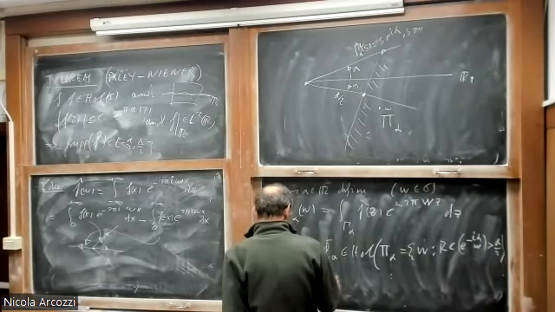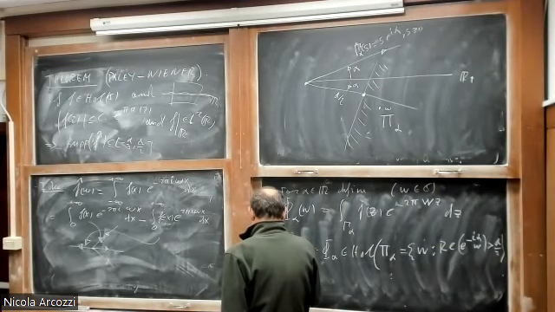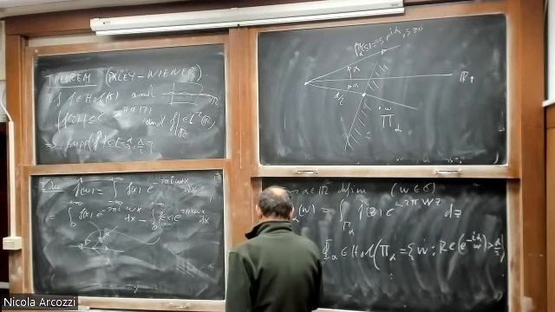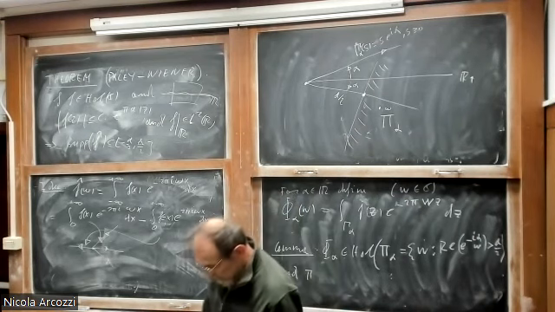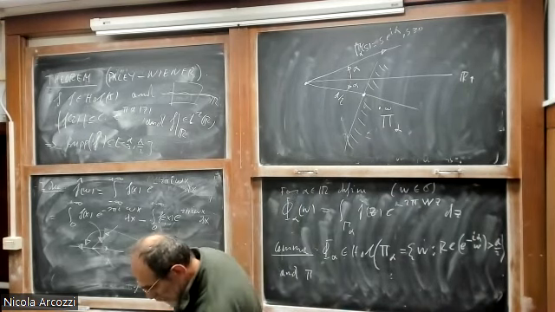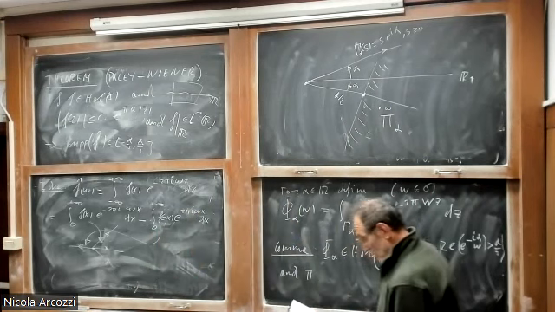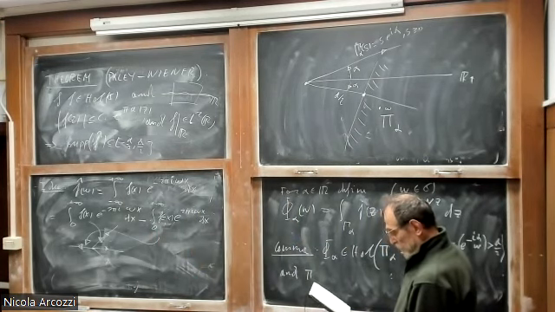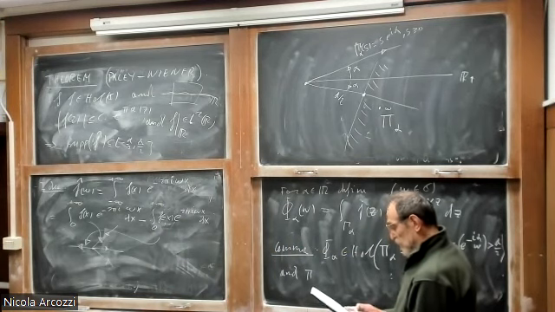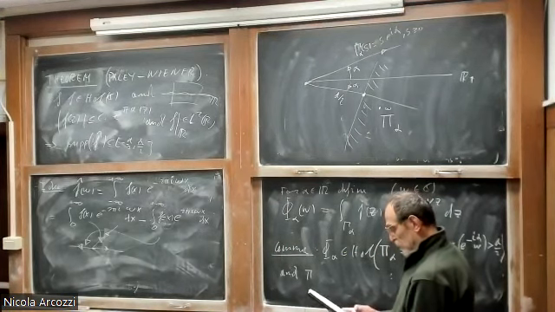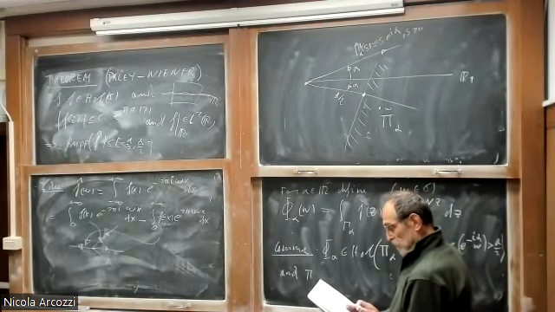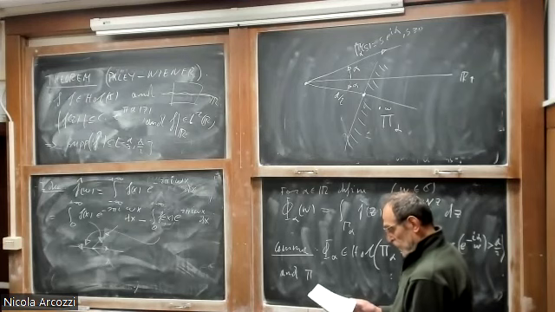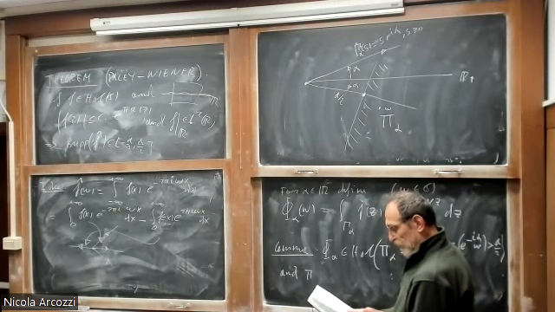And observe that we have two special cases, which is when we have pi 0 and pi pi. Okay, pi 0 and pi pi.